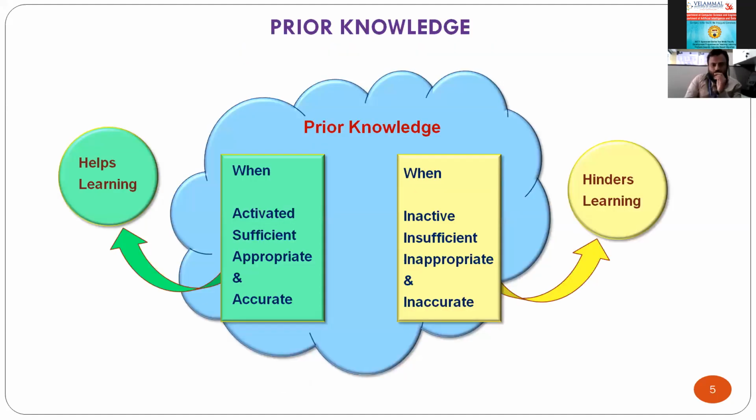Next one. What will happen if we have prior knowledge, does it hinder learning or help learning? Suppose a particular learner will learn particular content in a good manner when the prior knowledge is activated, sufficient, appropriate, and accurate. Otherwise it is inactive, insufficient.